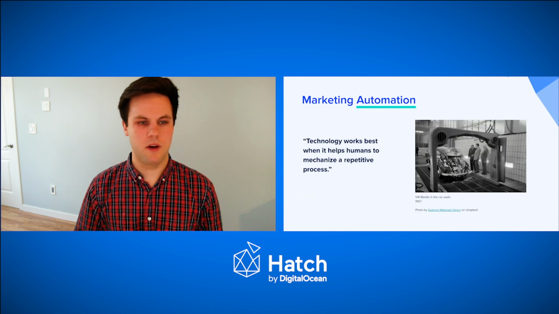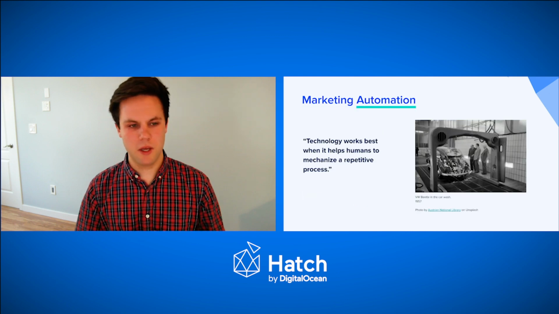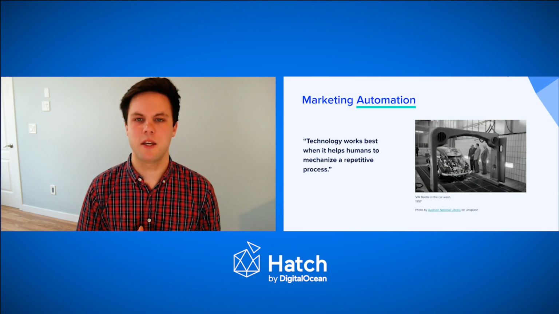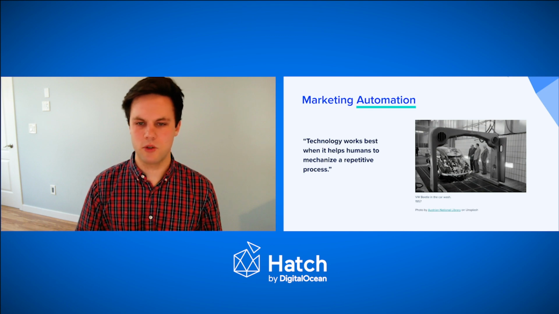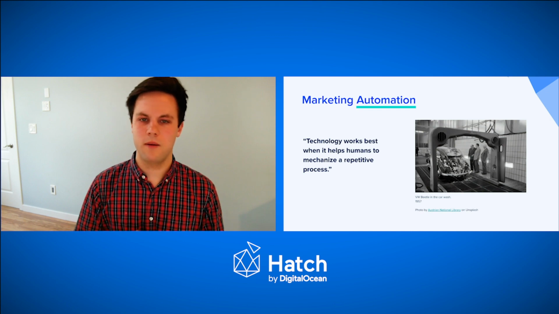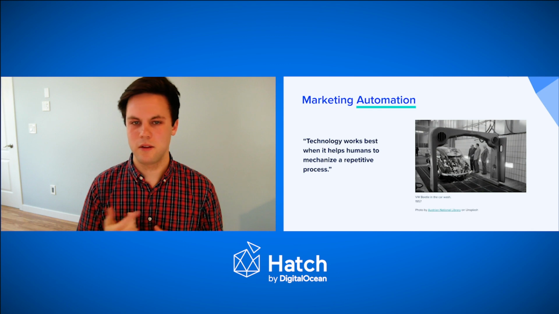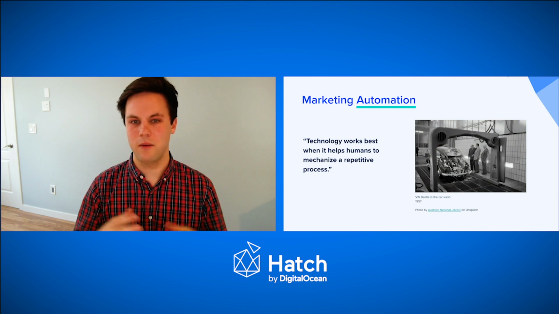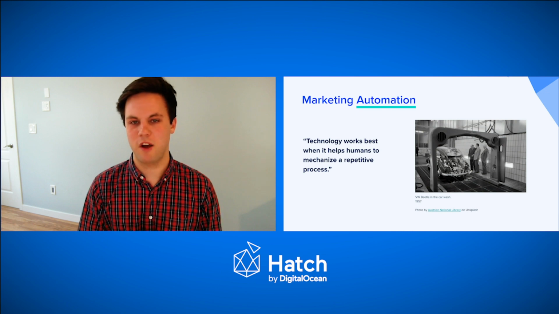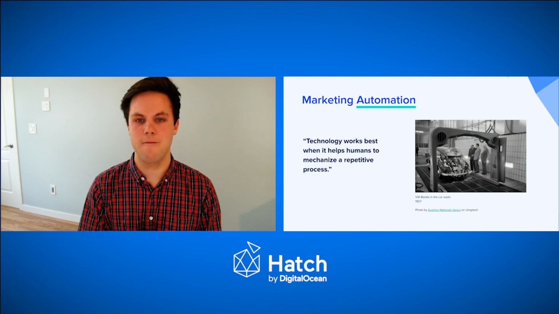And next, automation. I've always loved this quote. Technology works best when it helps humans to mechanize a repetitive process. And we can see this come to life through a trivial example such as the car wash, where prior to the car wash existing, a car owner had to, one, manually apply water, soap, and then finally manually wash their car in a repetitive process that someone at some point in the 1950s decided to automate with a car washing machine, which has provided compounded returns to this day.